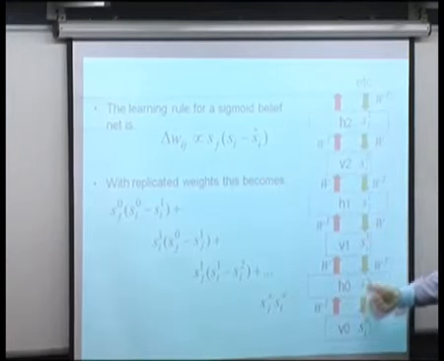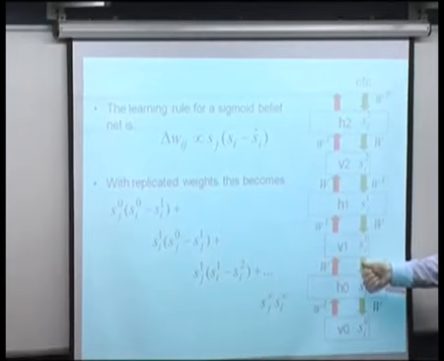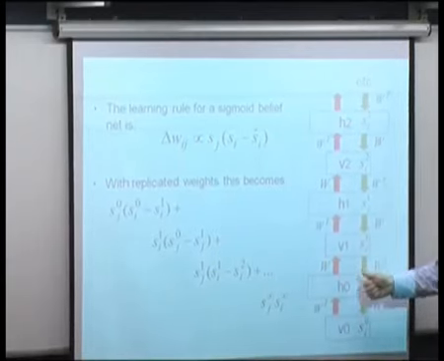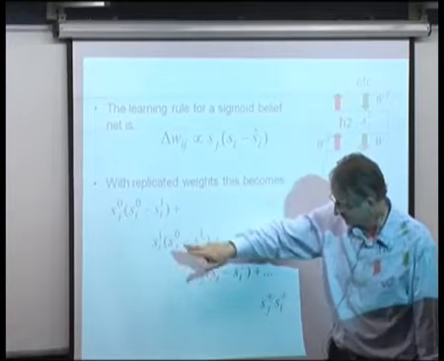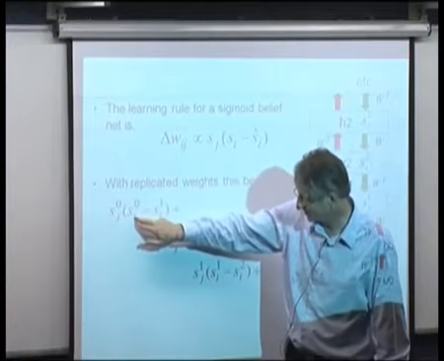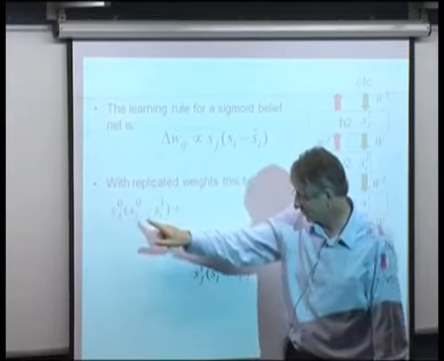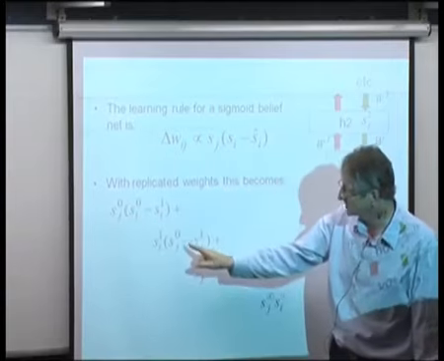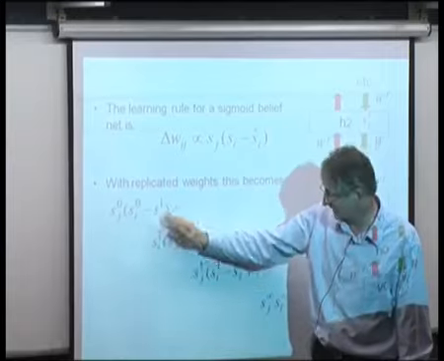But of course this weight is tied to all these other weights. So we need to apply the learning rule here too. And the learning rule there looks like this. And the learning rule here looks like this. And if you look at all these things, that term, Sj0, Si0, stays. But this term, Sj0, Si1, shows up again there, with the opposite sign. So that cancels.